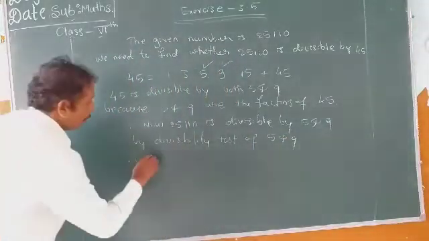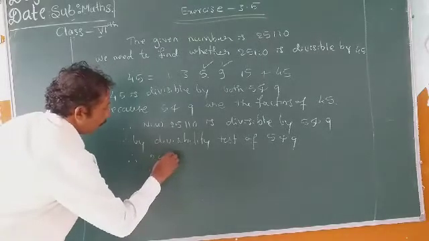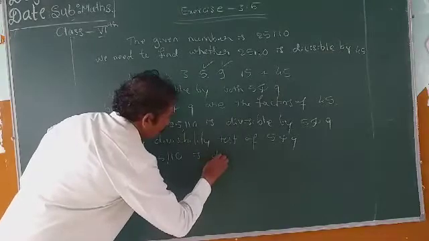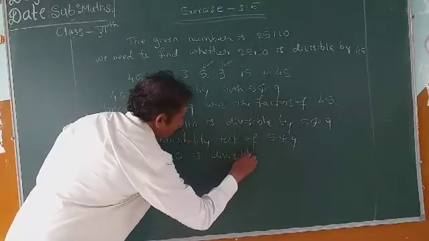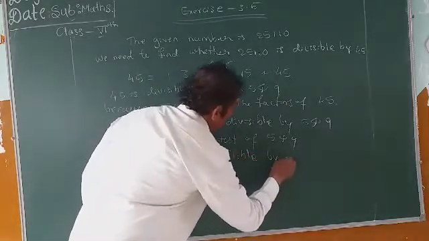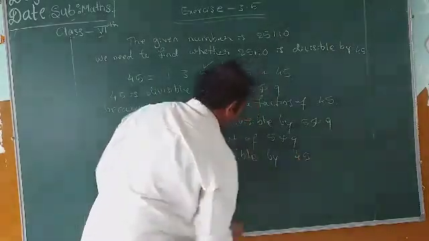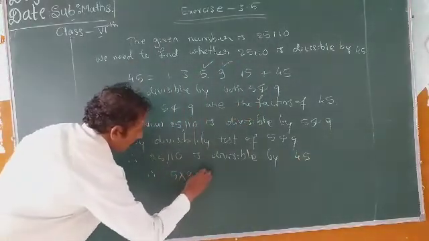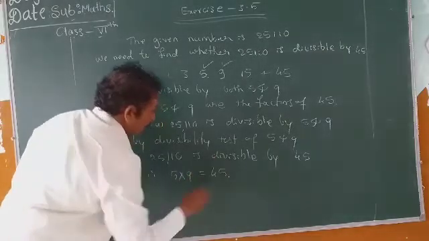Therefore, 25,110 is divisible by 45 because 5 into 9 is equal to 45.